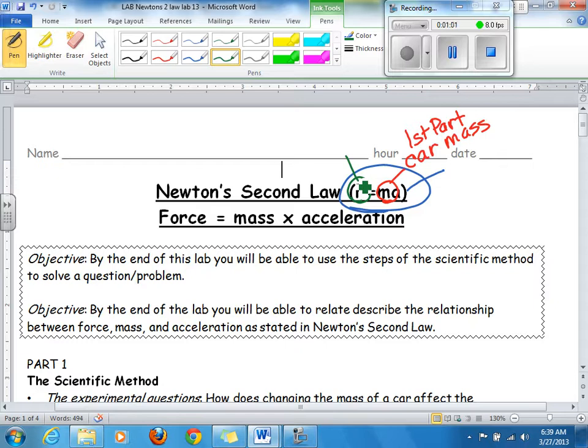So this was from increasing the mass on string, okay? And this was part 2. This is the second part that we did yesterday, okay? So that's kind of a basic overview of what we were doing there.